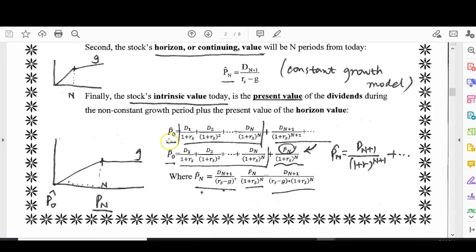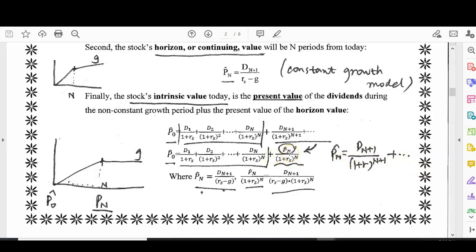Okay, so P0 becomes, first we discount D1, D2 to Dn. Okay, that's the discounted value added together for the first stage. For the second stage, dividends start from Dn plus 1 and go on forever. And all these discounted values to time n is Pn. Okay, Pn equals the discounted value of all the dividends in the second stage.